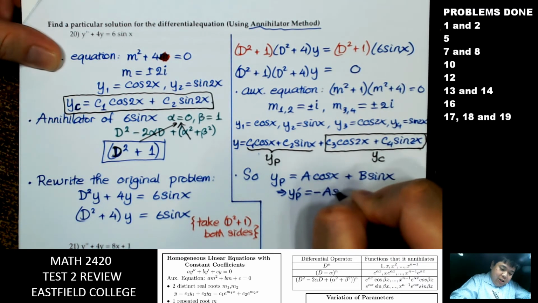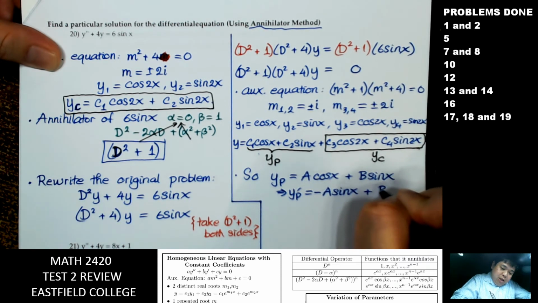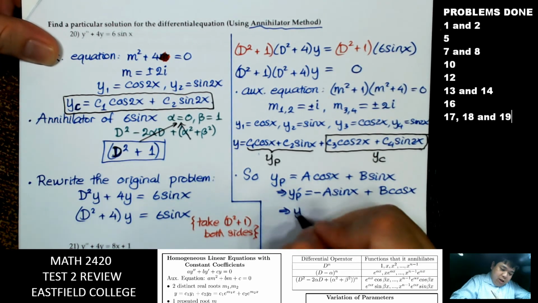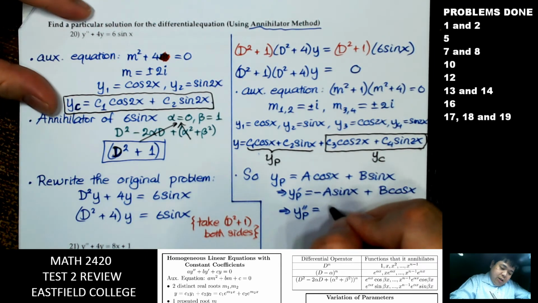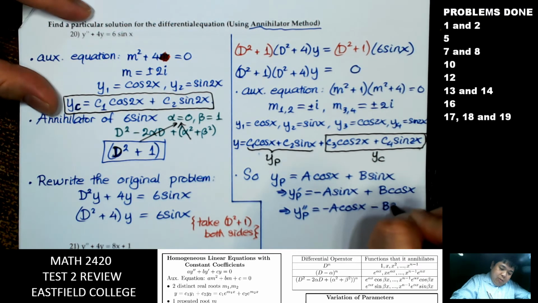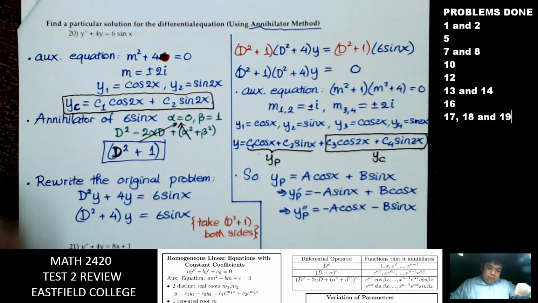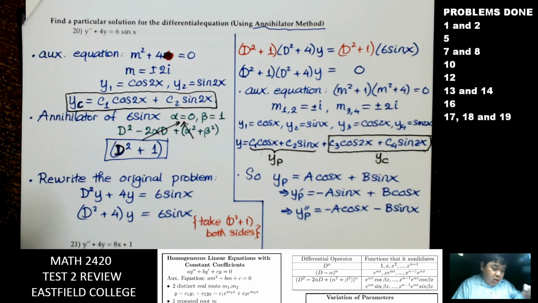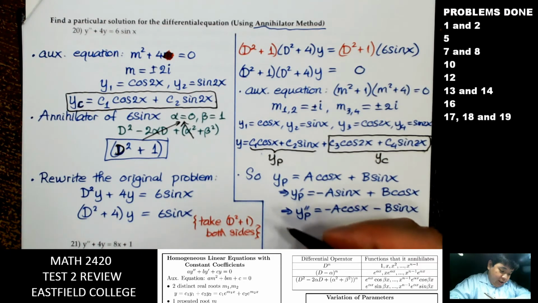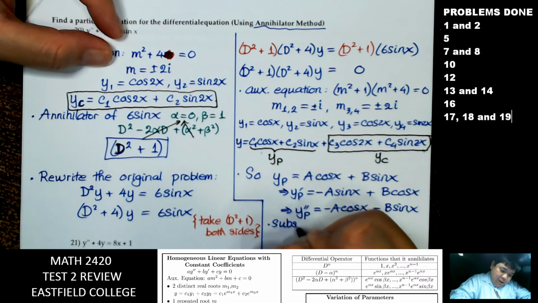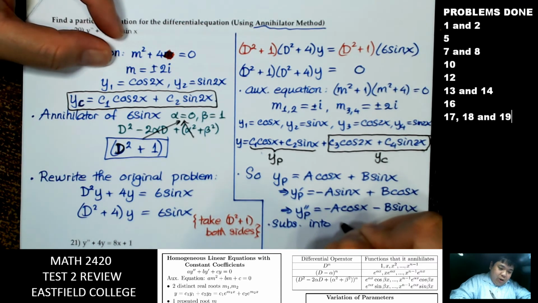The first derivative is negative A sine x plus B cosine x. Second derivative, negative A cosine x minus B sine x. Right, substitute into the original equation. Once again, it looks like we run out of space.